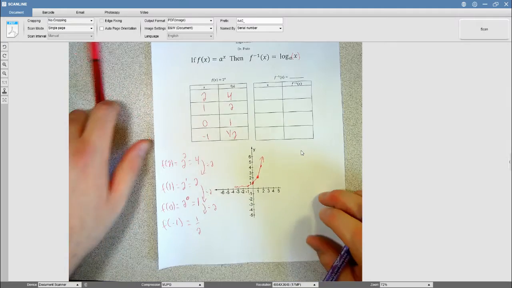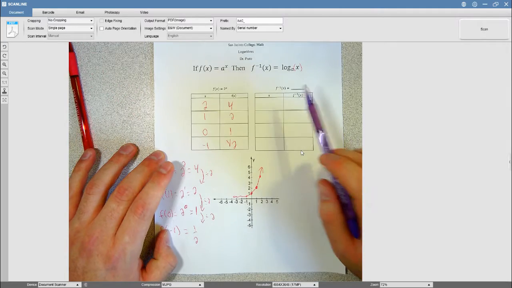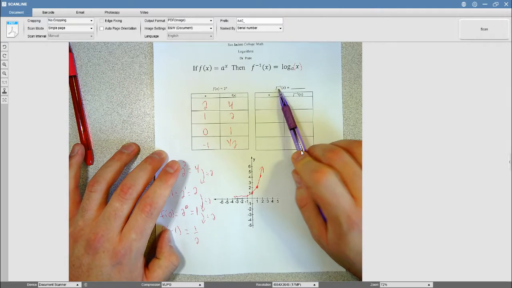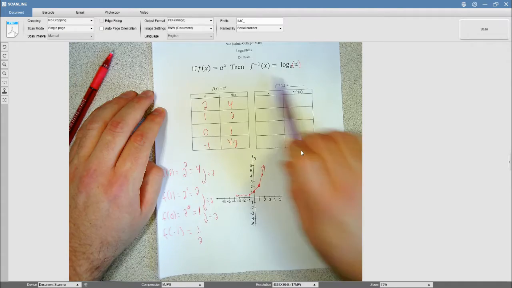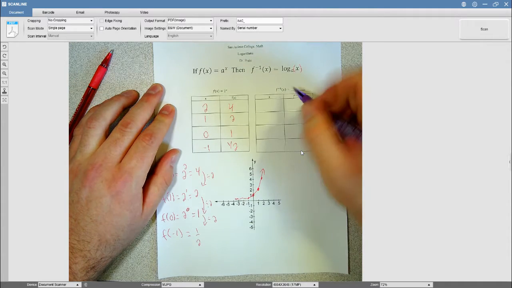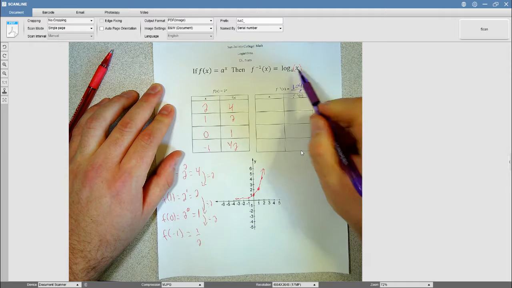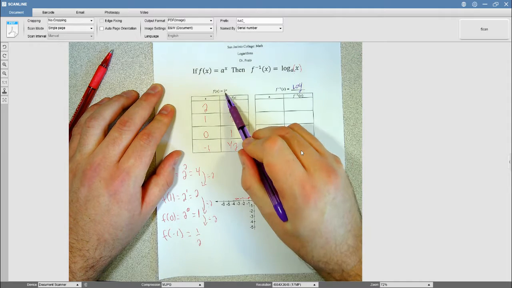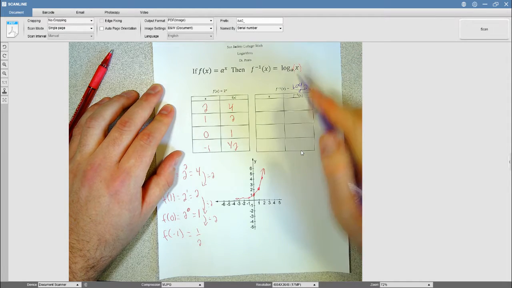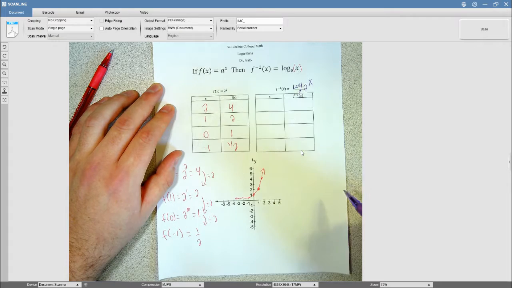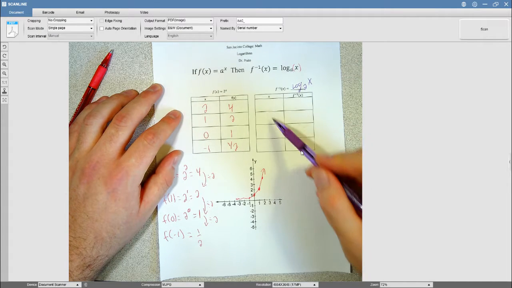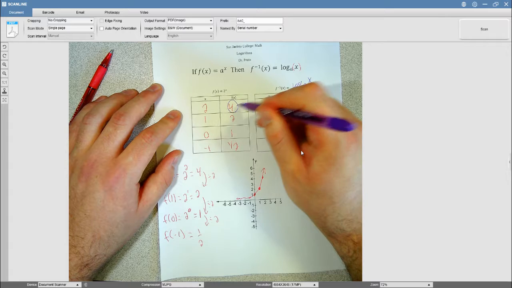Let's go ahead and talk about the inverse, f inverse of x. Now, from here, we see that it needs to be the log. What's the base? The base should be 2. And where should we get our inputs? I think we should just pull them right from here.